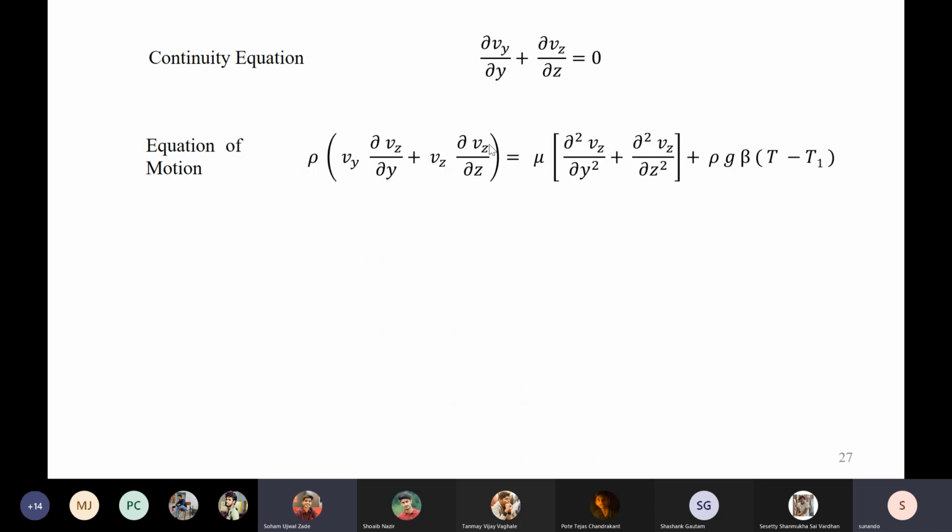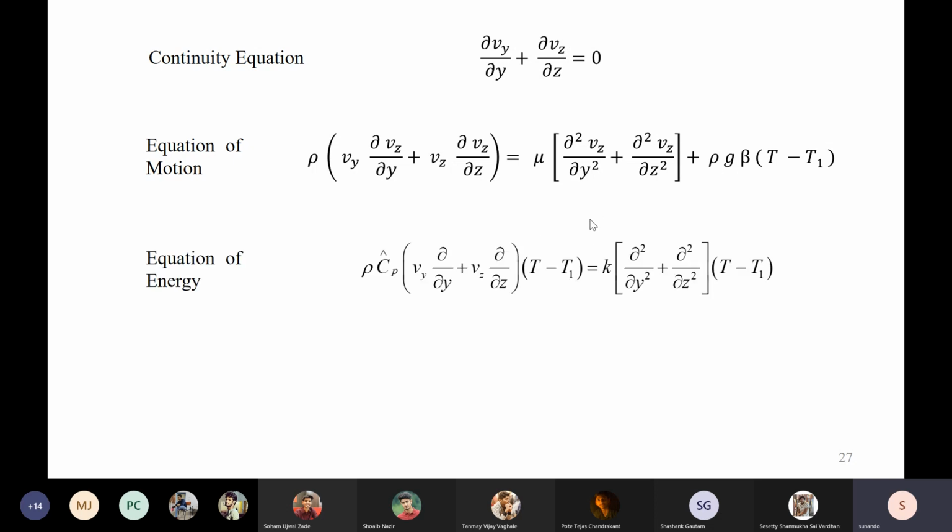Yes, sir. So we know that this could be small, but I do not have enough information to neglect them. And on the right hand side, I have these two terms, and this is the buoyant transport of momentum which we have kept in there. And this is the standard form of the energy equation.